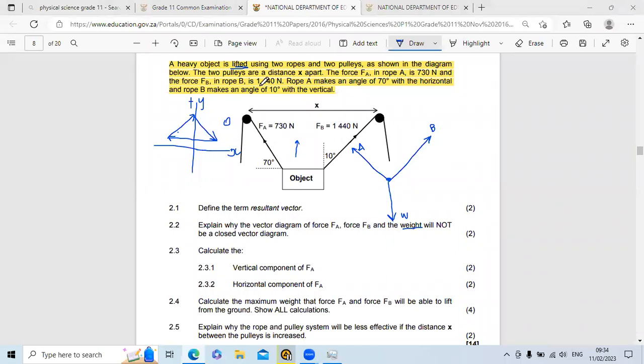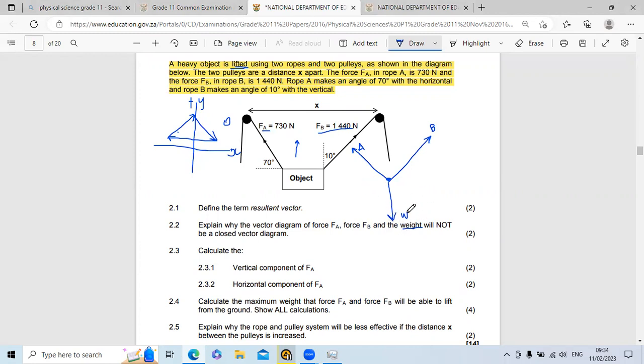Okay, so what I'm going to do is put this here so you can just write in the chat. So basically what I'm saying is that the object is being lifted. So that means that this force plus this force is overpowering the weight.